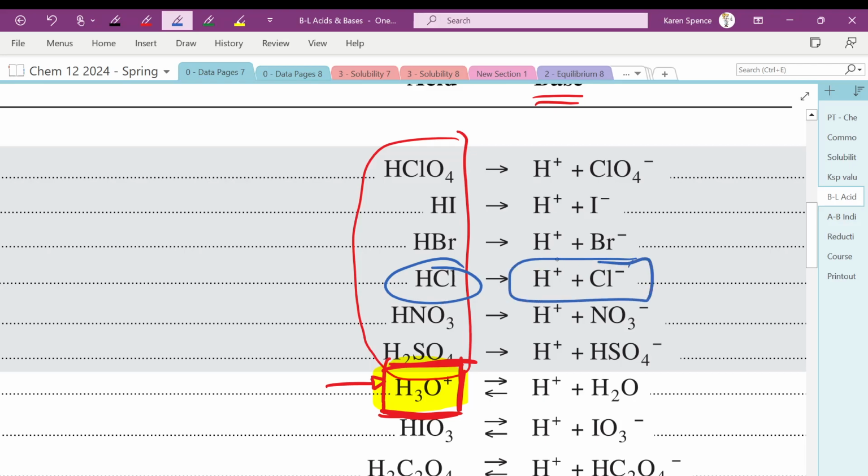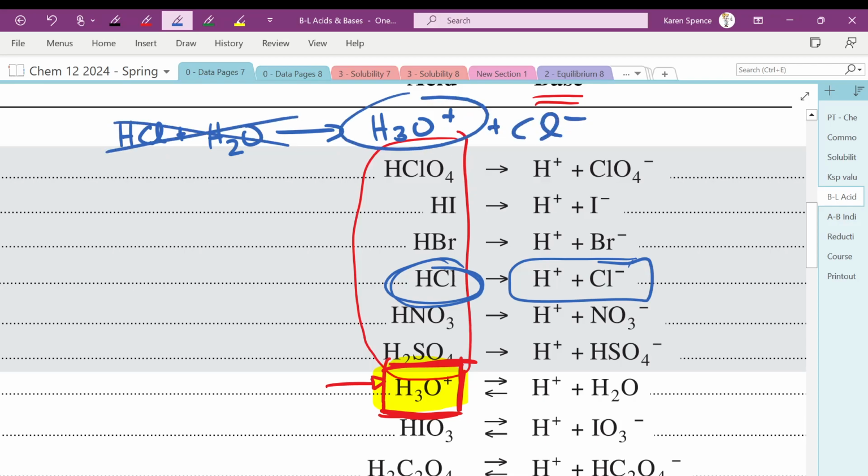No, it all comes apart. It has nothing to do with solubility. It just completely dissociates: HCl plus H2O all goes one way and you end up with H3O+ and Cl-, and there's none of this left and you only have that left.